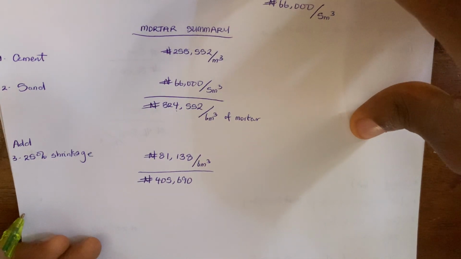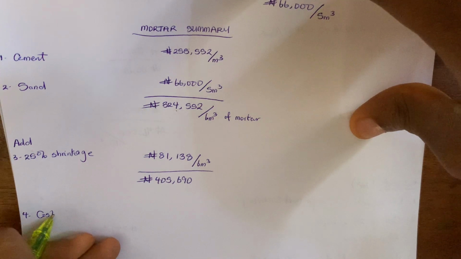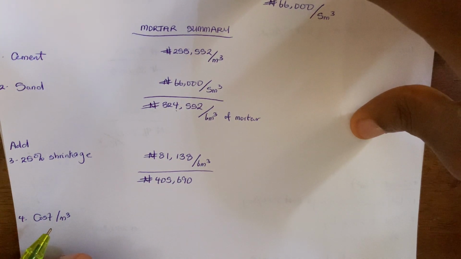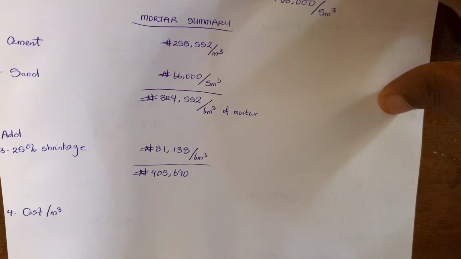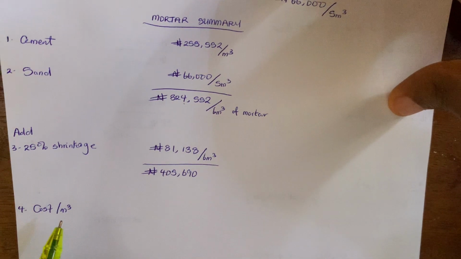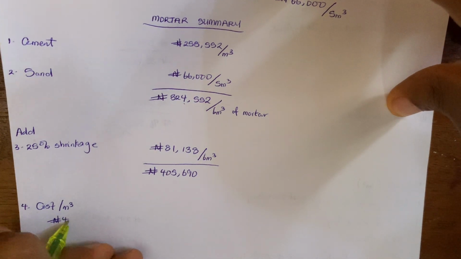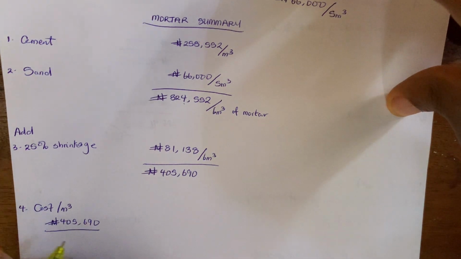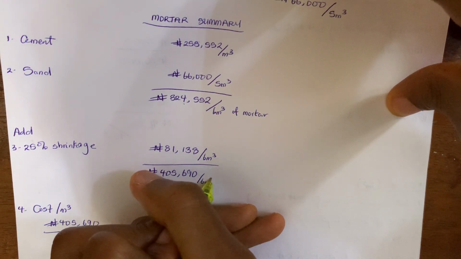So we can now say the cost per meter cube of mortar will now become 405,690 divided by 6 meter cube.